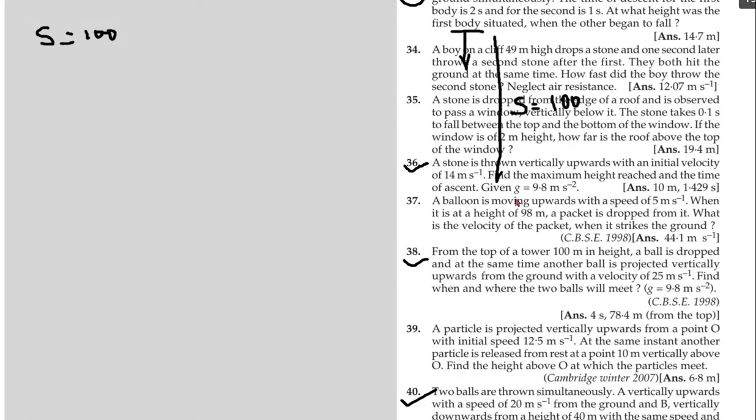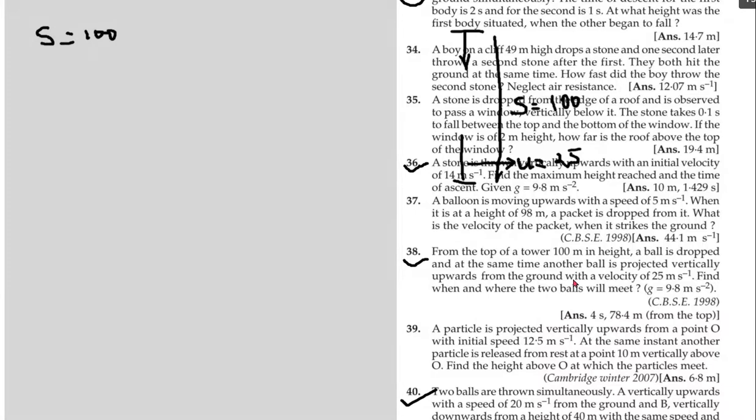At the same time, another ball is projected vertically upwards from the ground with velocity u equal to 25 meter per second. Find when and where the two balls will meet.